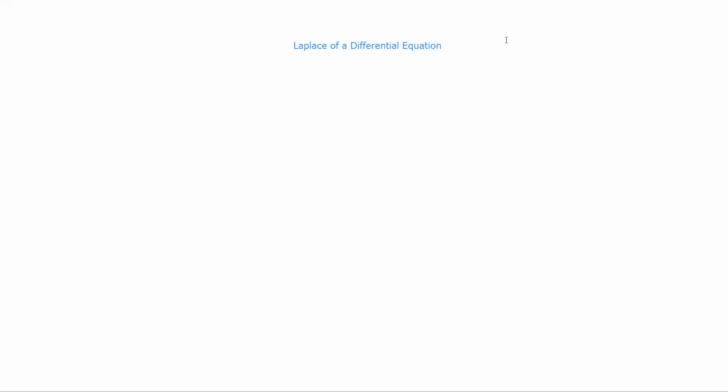Okay, so let's talk about the general steps when you're doing the Laplace of a differential equation. So when you're doing it, of course, you want to start with a differential equation. And by that, I mean we're looking at something of y double prime plus some b y prime plus c y, which is equal to something on the other side. Let's say it's just another constant d.